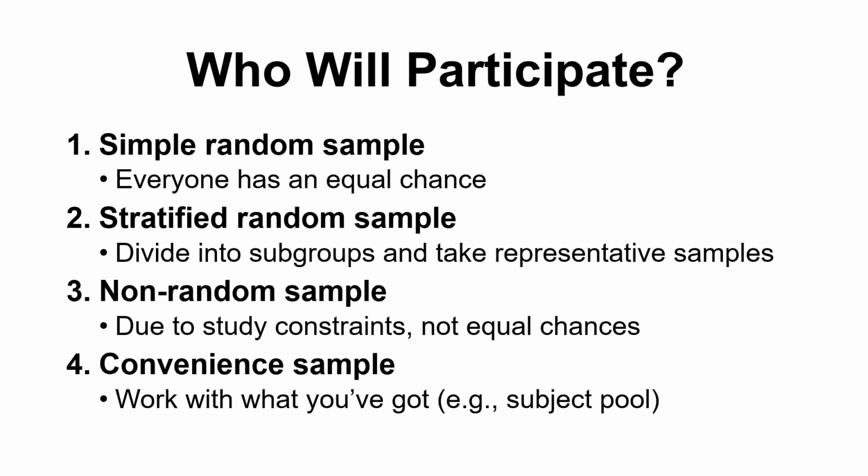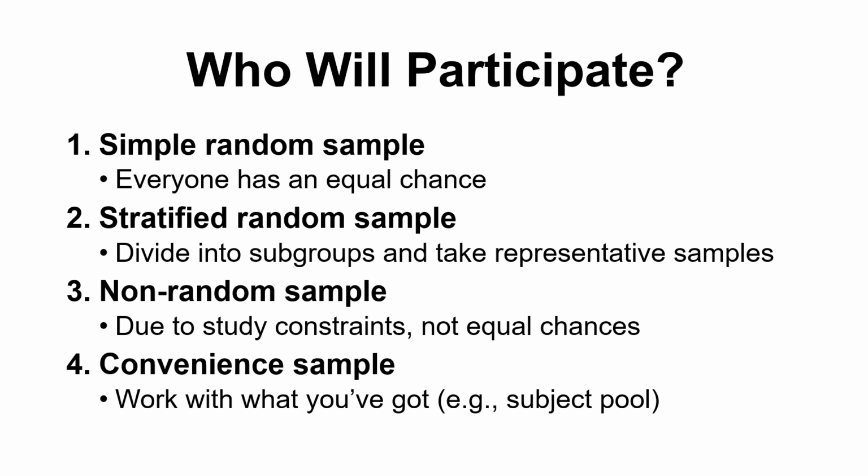This is a setup where everyone has an equal chance of being chosen. So this could be something like, we have a class of, say, 300, and I need 30 people to help with a particular study. So I would put everybody's ID number into a random number generator, and I would select 30 completely at random. So everyone has an equal chance of being selected.